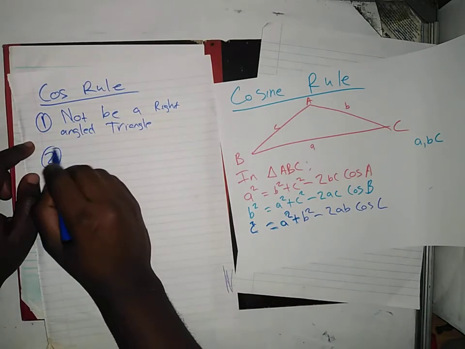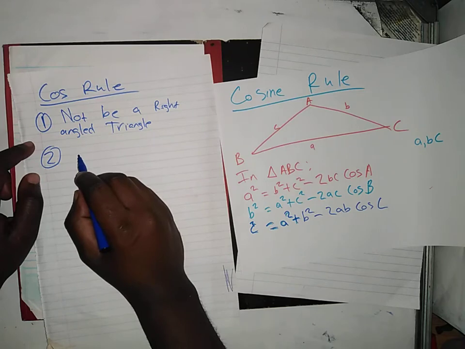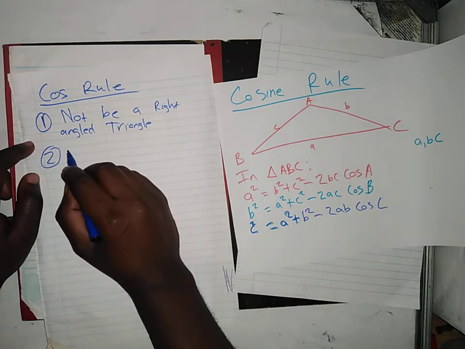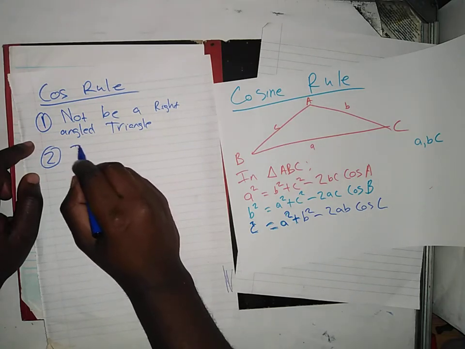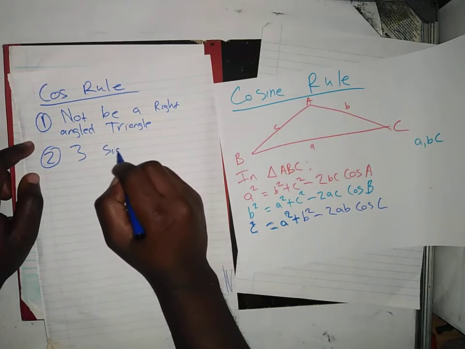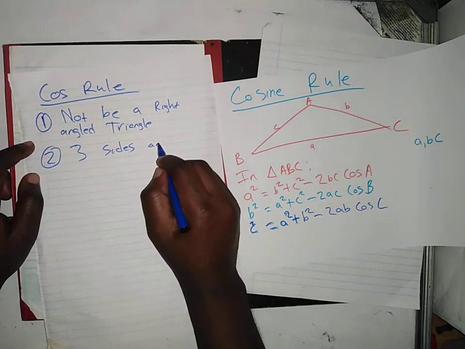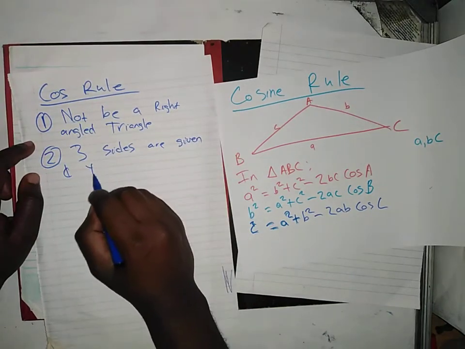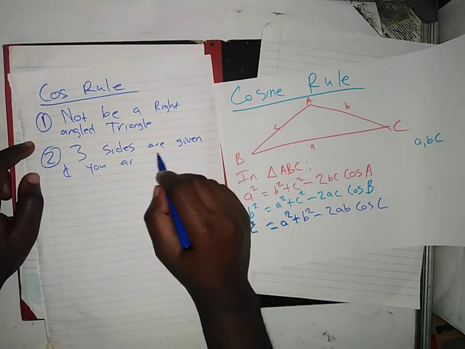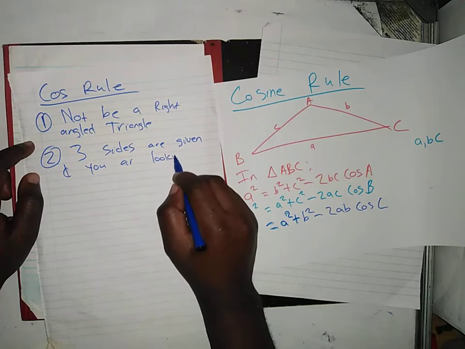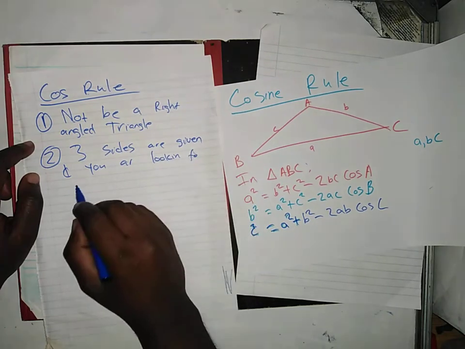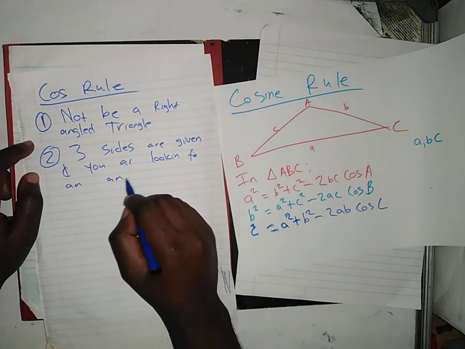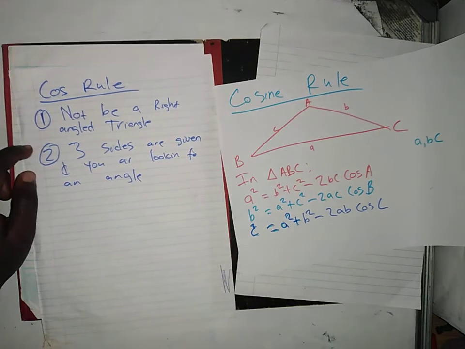Number 2, you must either be given 3 sides and you are looking for an angle. All right, so this is the second condition.